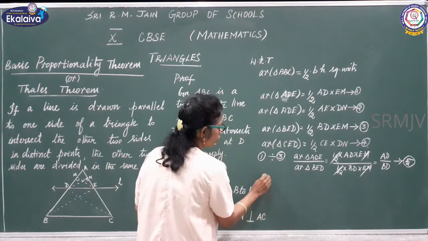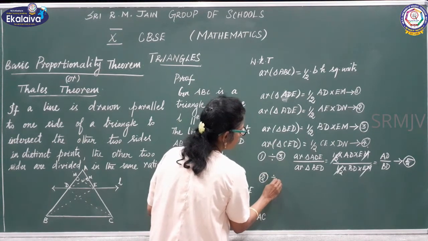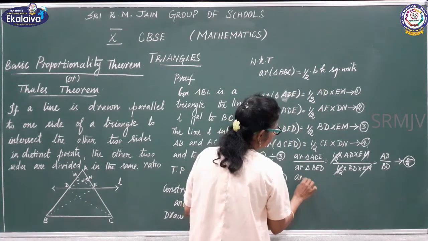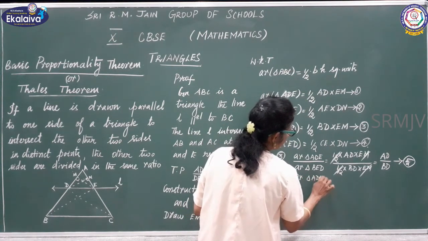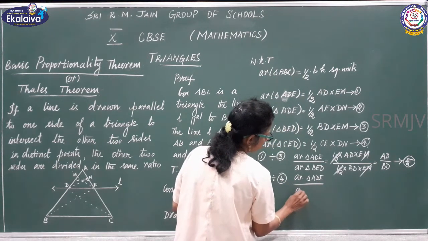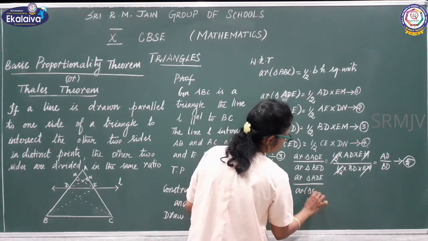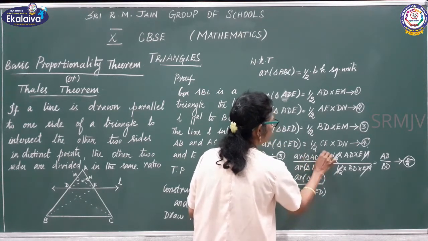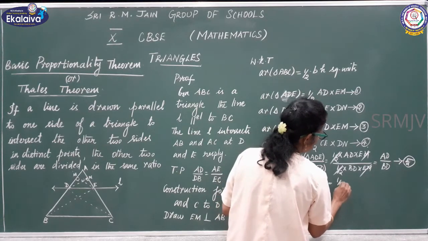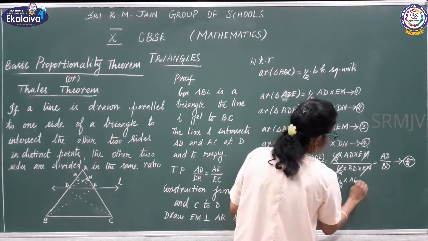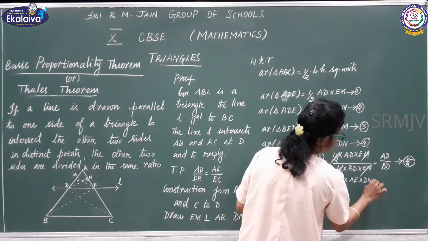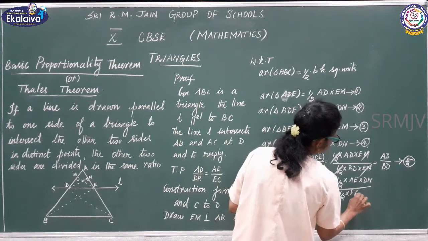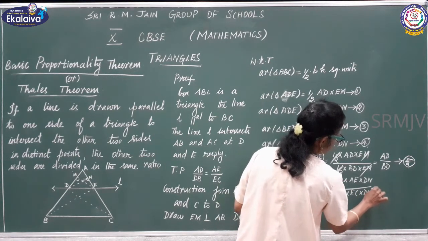Now, equation 2 is divided by 4. Area of a triangle ADE divided by area of a triangle CED equal to half into AE into DN divided by half into EC into DN.